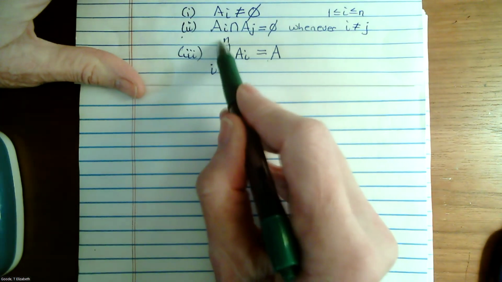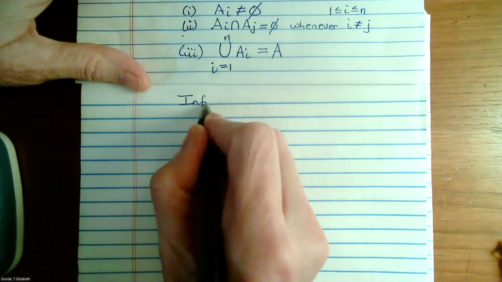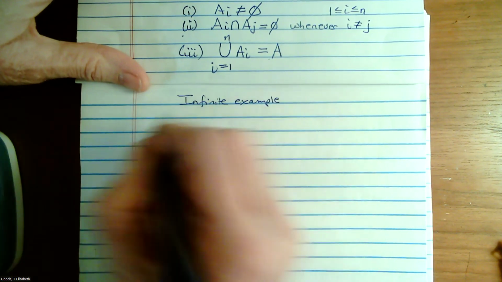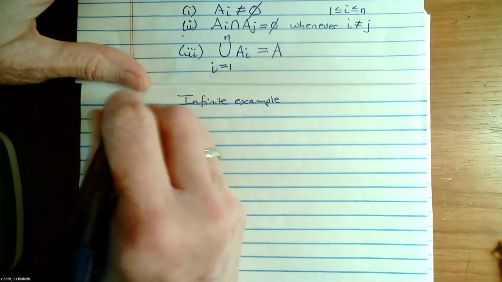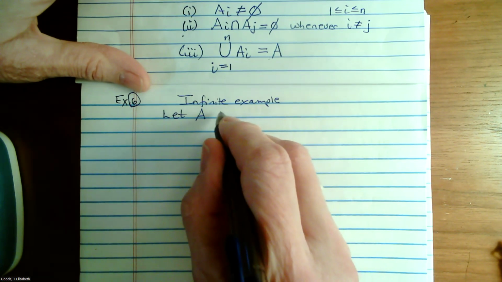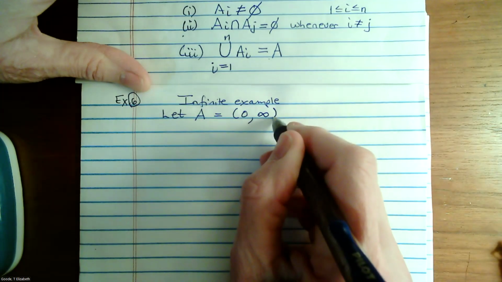And this would be an infinity here. All right, so we're going to let A be the set from 0 to infinity, not including 0.